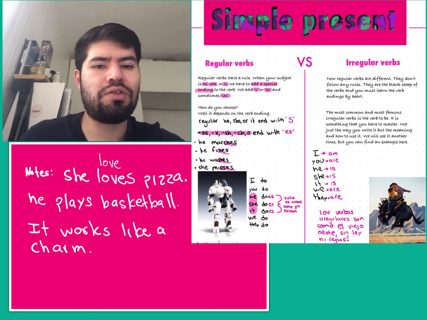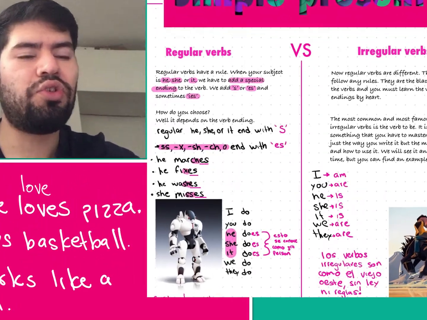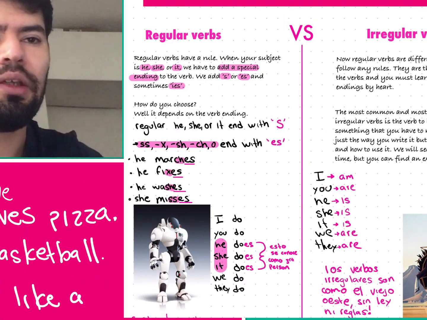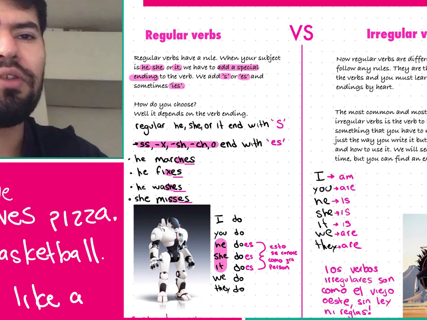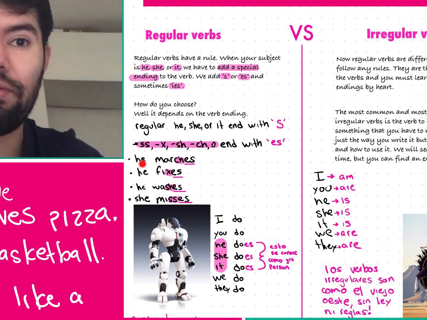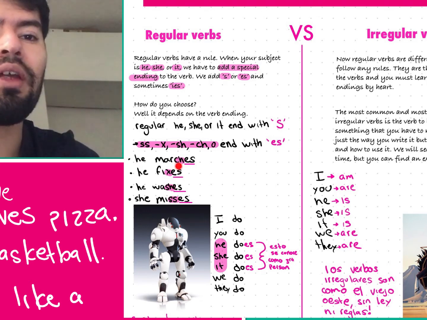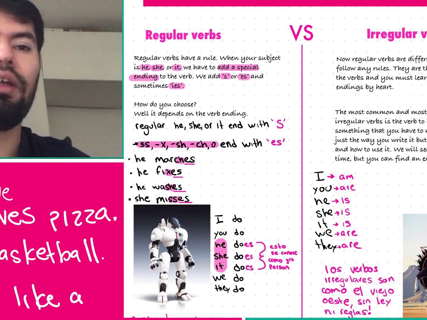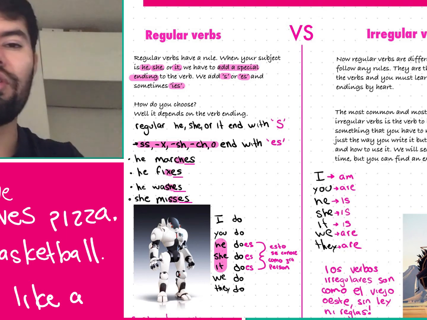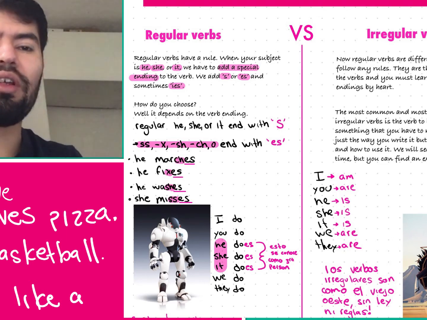Let me just zoom in a bit. There you go. You can see it a little clearer. So we have the CH, right? I'm using third person again, he, él. Mi verbo termina con CH, que es una de las excepciones: no tenemos que poner nada más la S al final, sino que tenemos que agregar una ES.